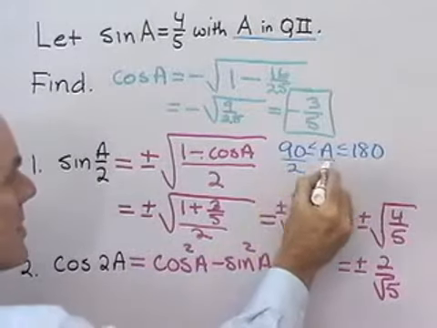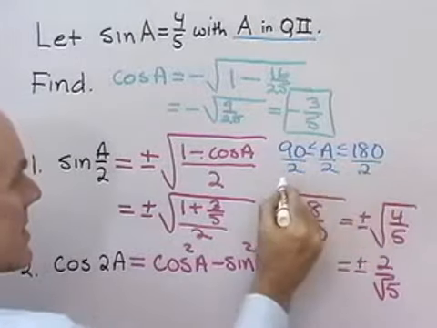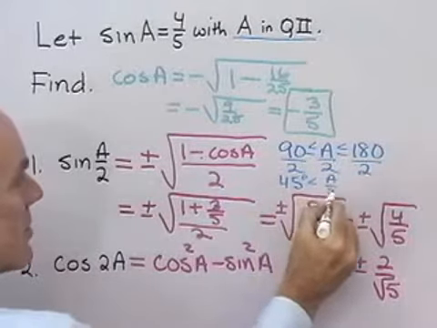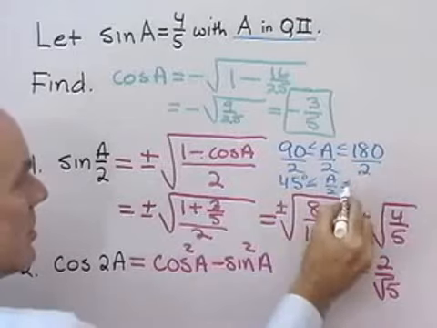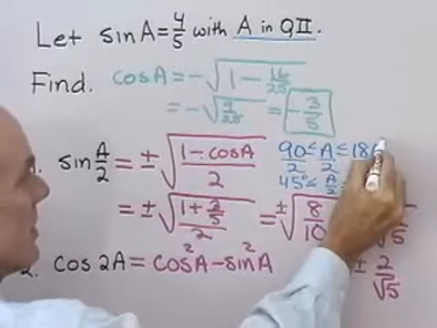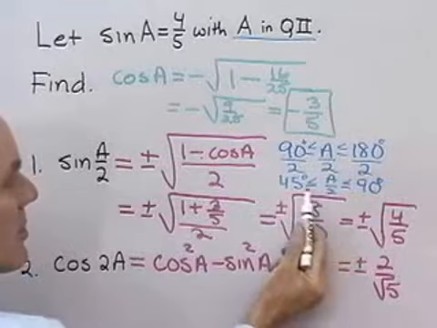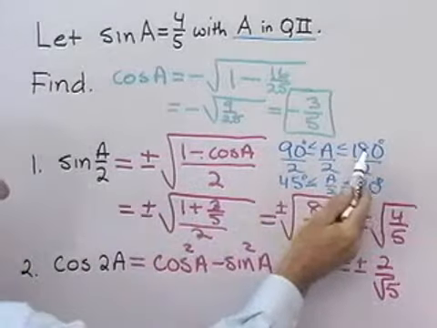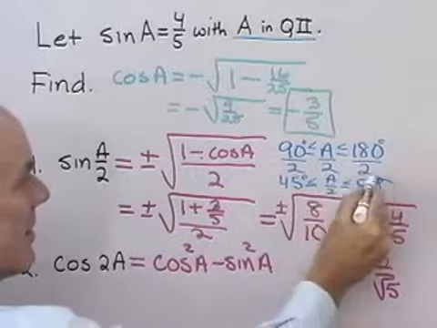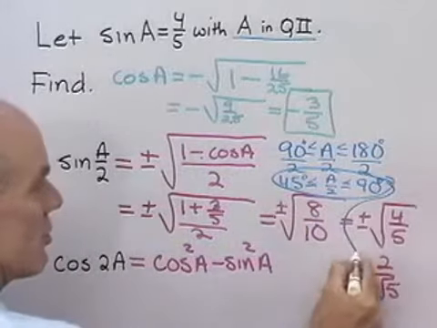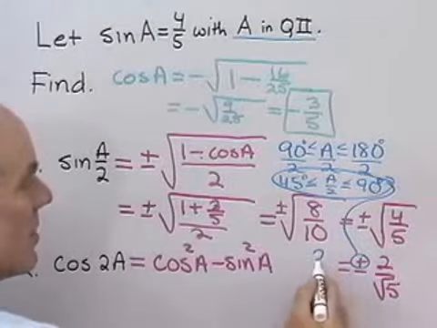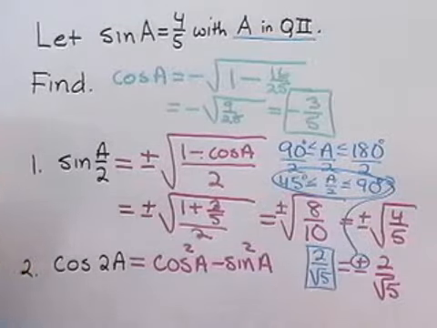So I'll divide all of these by 2, and I see that I have 45 degrees less than or equal to A over 2, less than or equal to 90 degrees. So A over 2 must be in quadrant 1 if A itself is in quadrant 2. That tells me that I'm going to choose the positive sign right here. So my answer is positive 2 over square root 5.